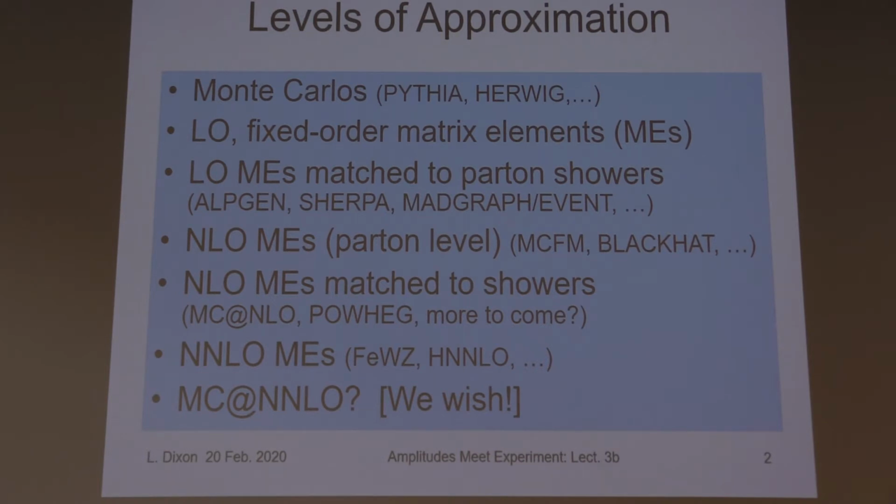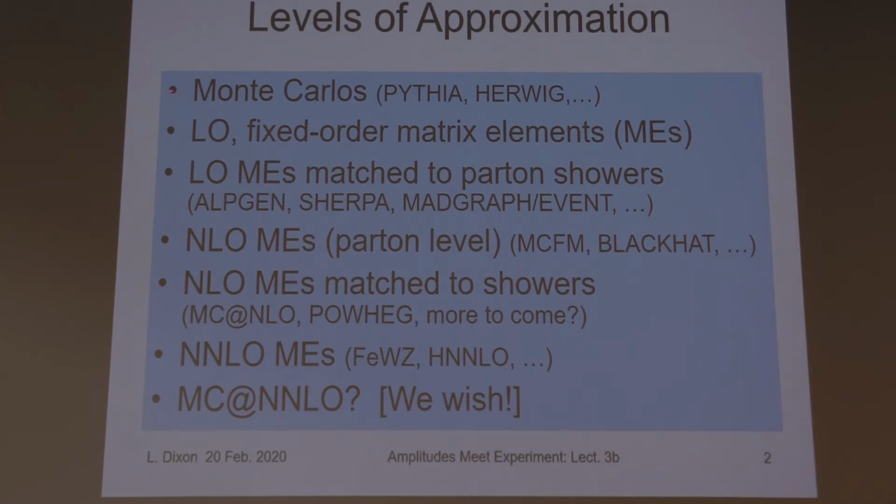Depending on the process, different levels of approximation are available. But the bulk of what they use are programs that are presented to them in a Monte Carlo form. So I thought I would tell you a little bit about Monte Carlos and also how people try to make Monte Carlos more precise to take into account higher order predictions.